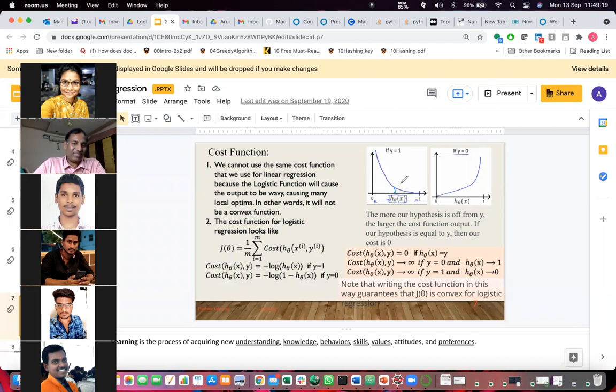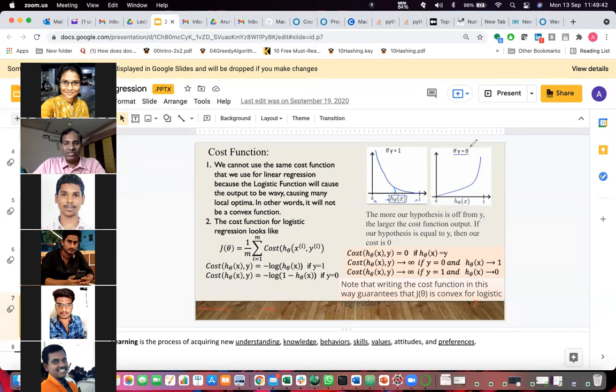It is not linear, remember. Even if you move a little bit less, the cost will increase multi-fold, not in linear fold. So when you are coming close, your cost is also decreasing drastically. Whenever you are making a big mistake, instead of predicting 1, you are predicting close to 0, then you are making a very huge cost.